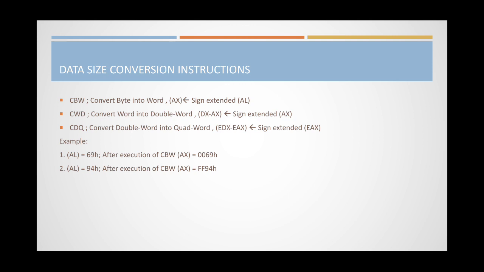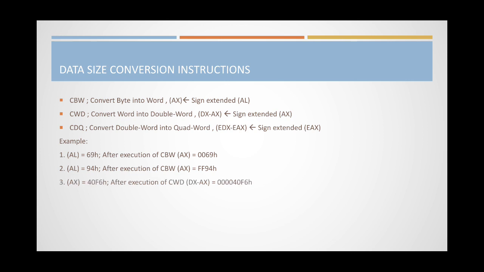Now you have a byte in AL, 94 hex, and the sign bit of AL is 1. After execution of CBW, AX will have the word FF94 hex. The sign bit is extended, AH has the sign extension of the number, and 94 is present within AL.